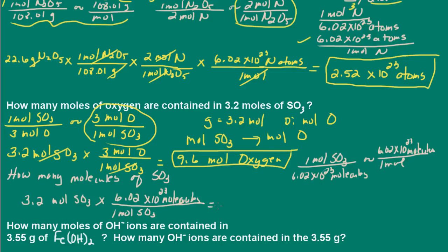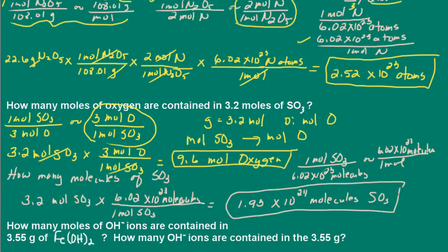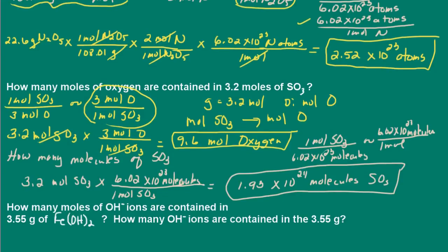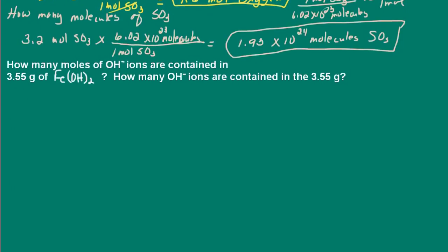I have 3.2 times 6.02 times 10 to the 23rd, and that gives me 1.93 times 10 to the 24 molecules of sulfur trioxide. I just thought I'd throw a twist in there. Remember, molecules are also particles. And remember, 1 mole of anything, molecules, ions, atoms, eggs, is equal to 6.02 times 10 to the 23rd.